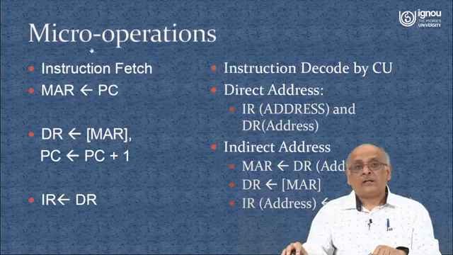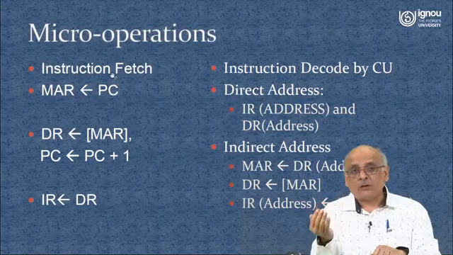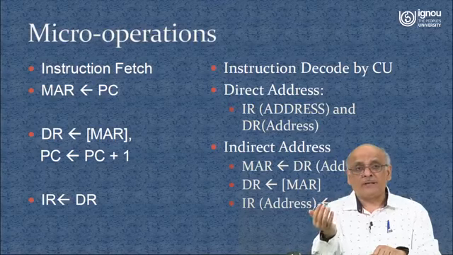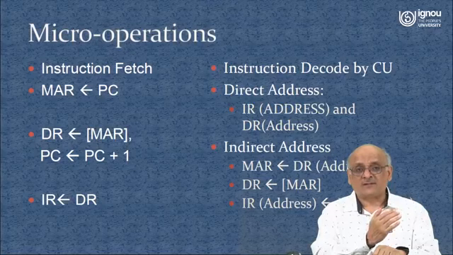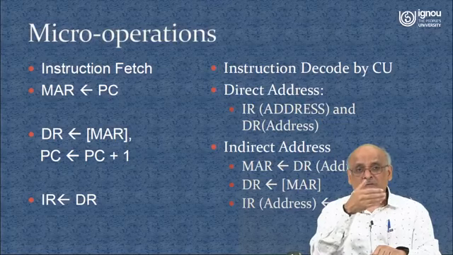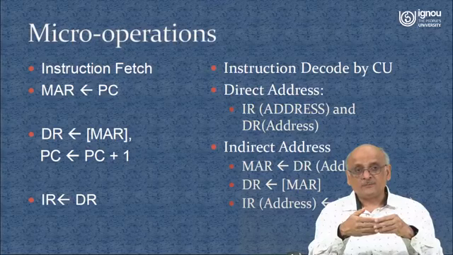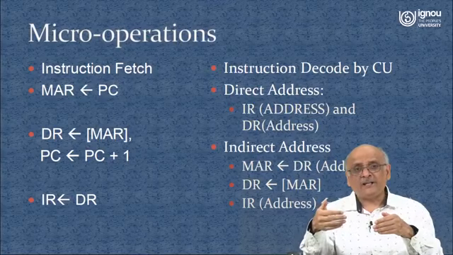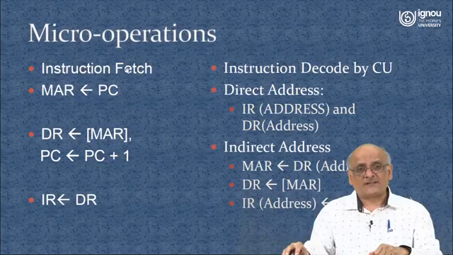The first thing you need to do, please remember this, is bring the instruction from the main memory to the processor register, which we normally call the instruction register. Only then can it be decoded and executed.